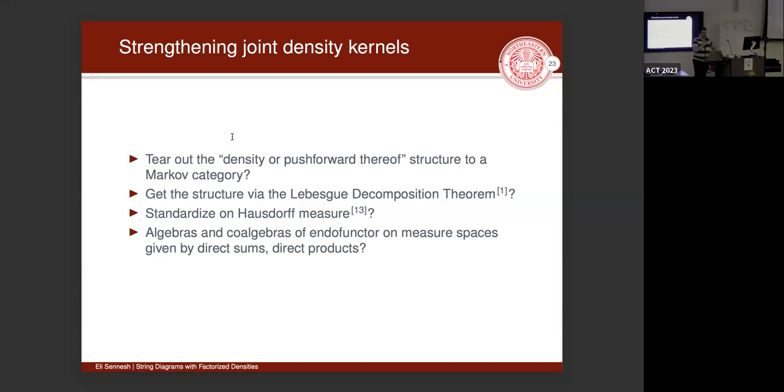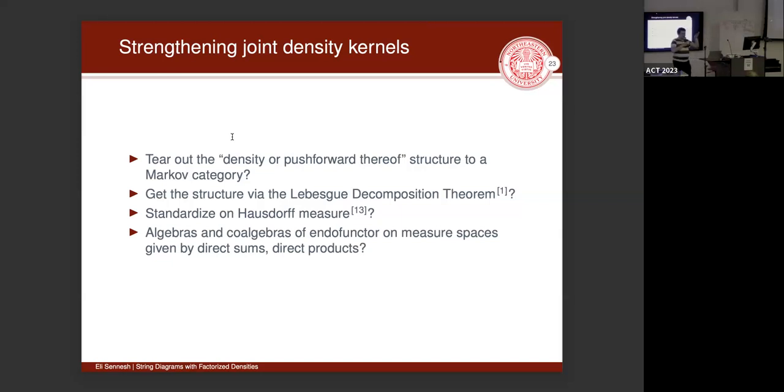Then similarly, there are suggestions in other people's work that if you're considering a smooth manifold as your sample space, then you could just standardize on the Hausdorff measure, which generalizes the counting measure and the Lebesgue measure to fractional dimensions, higher dimensions, etc. And then, of course, if you still ultimately want to work on standard Borel spaces, then besides just baking the base measure into the definition of an object, so that it can't be changed by a measurable isomorphism, one thing you could do is consider the endofunctor that says, here's my two base cases, the singleton and the reals.